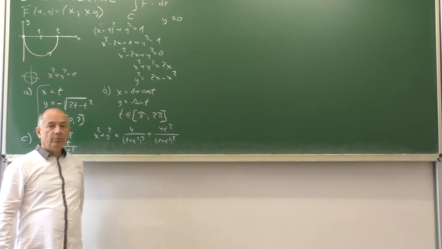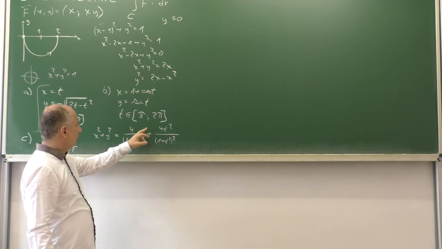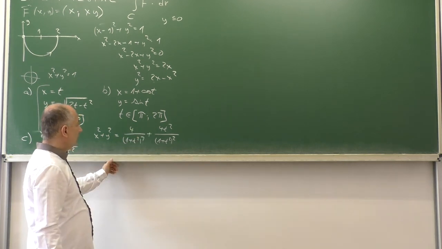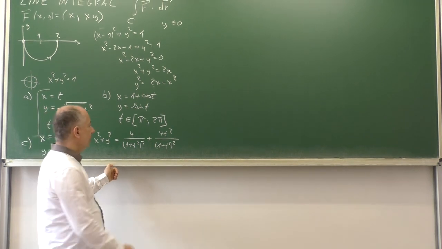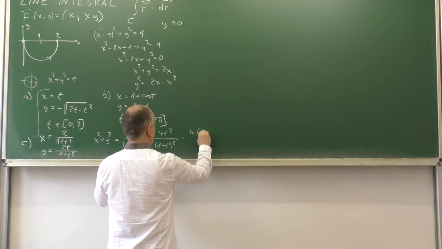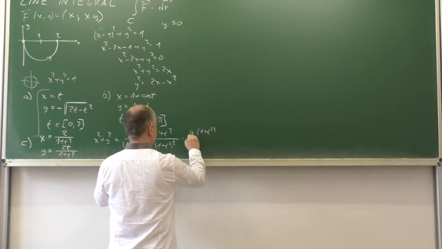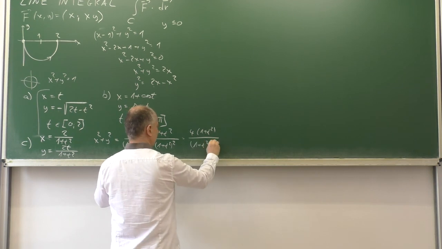If we bring to the common denominator, which is the same, then we have 4 plus 4t squared. But then we can factor out 4, and we have 4 times (1 plus t squared) divided by (1 plus t squared) squared.